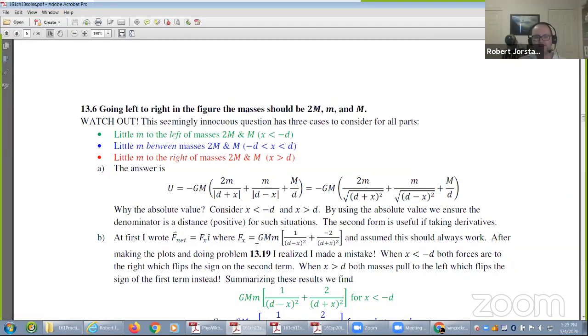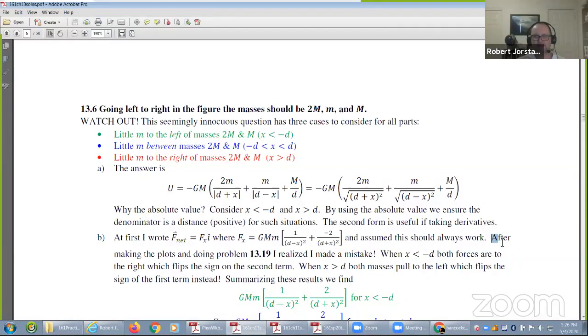Now check this out. When I did this one, I tricked myself. If you're one of those students that's mad when I trick you, I tricked myself too. Look at this one. I just assumed it was this: here's the distance, right? And here's this distance. It turns out that's not correct.